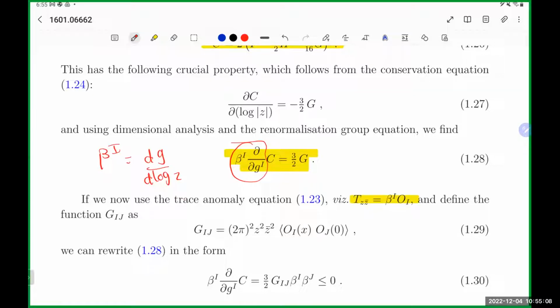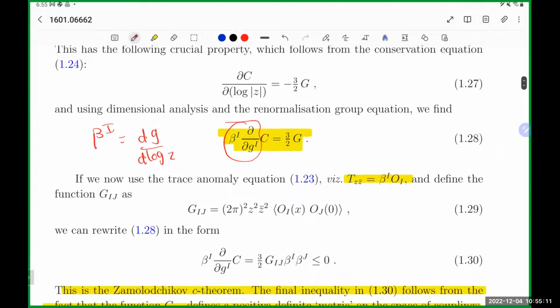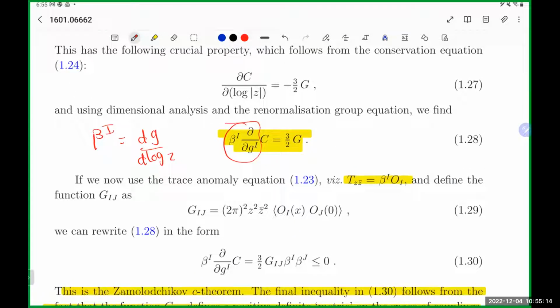Usually, in different contexts, Zamolodchikov uses a as a UV cutoff, and in this sense beta I is like a dg by da, or you can define it as dg by d log a. Here he's using log z.